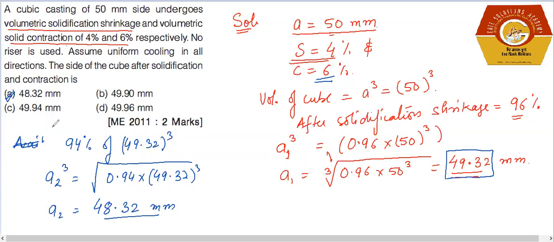Whenever you solve a question and this answer is shown in the options, immediately we mark it and move forward, right? So we have three options here in this case. Just listen to this answer carefully and you will also be able to understand. So 48.32 is the right answer.